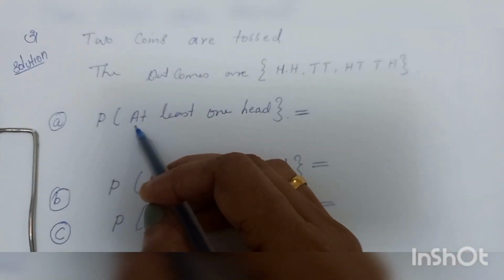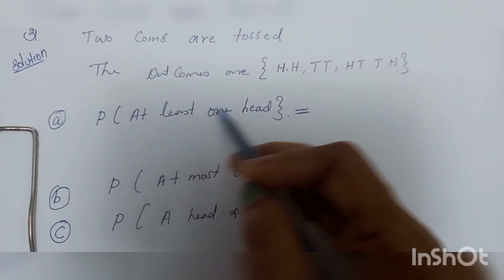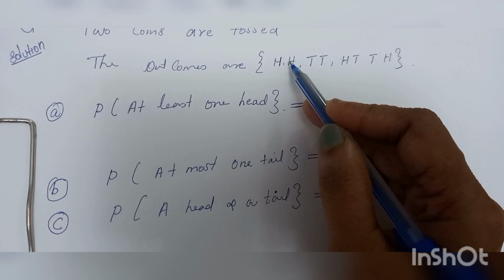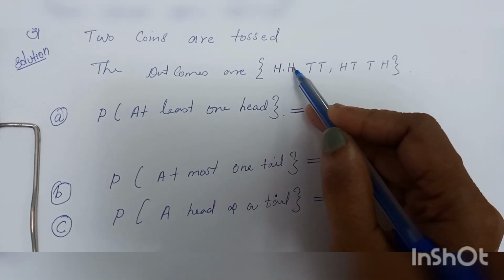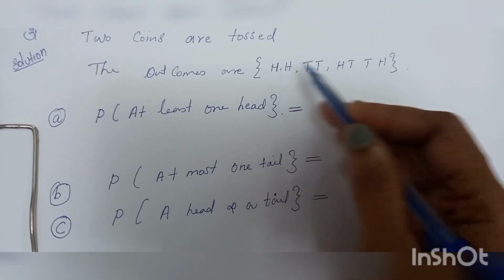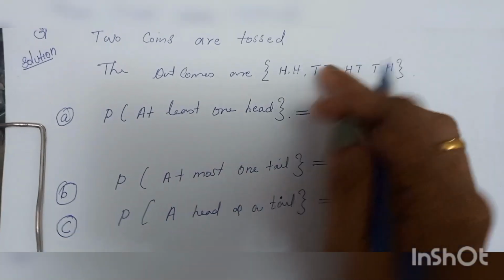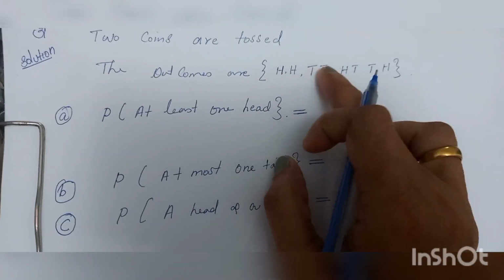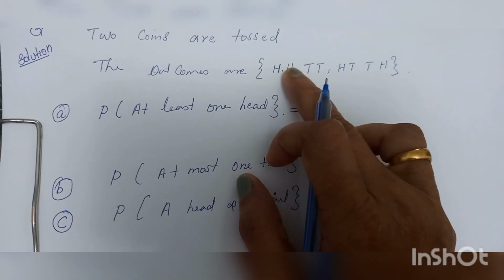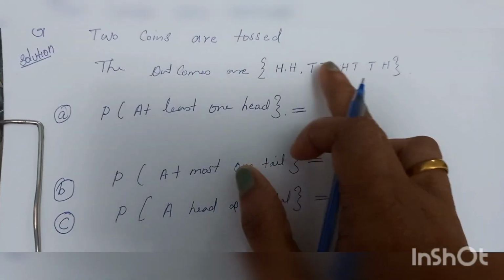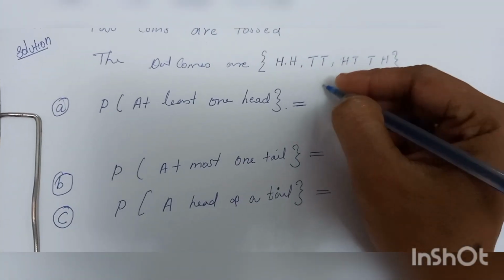So first one is probability of at least one head. 1, 2, 3. Total outcomes are 4. So at least one head is 3 by 4.